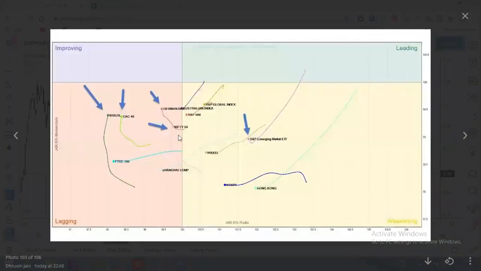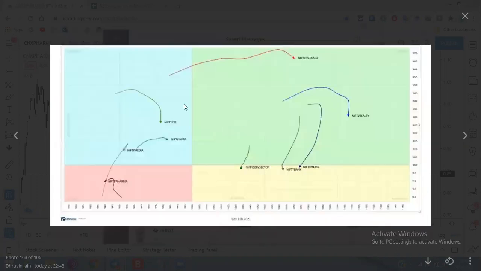Here we can see the Nifty 50 on the whole global scale is in a lagging position, but the 14 trailing days show that it is improving. In the whole Nifty universe, we can see that Nifty PSU Bank is in really good shape. It's in the leading quadrant. Nifty Realty is in good shape.